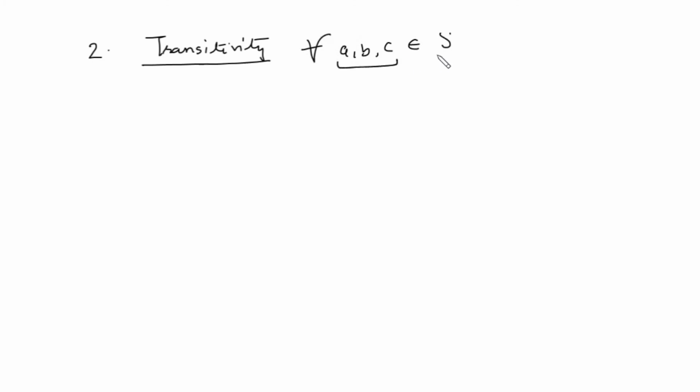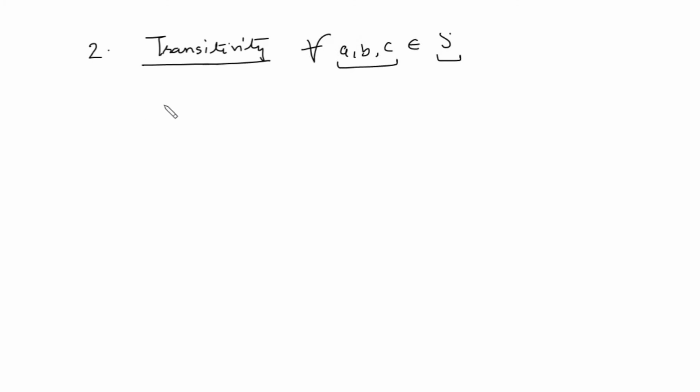Now the next property is the transitivity property. What do we mean by transitivity? If you have three numbers from the field, this will be true for every three elements from the set S. They may be equal, they may be different.